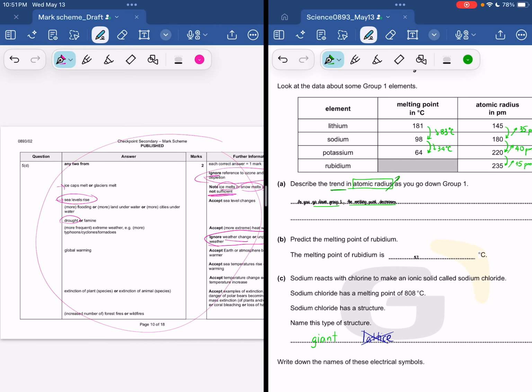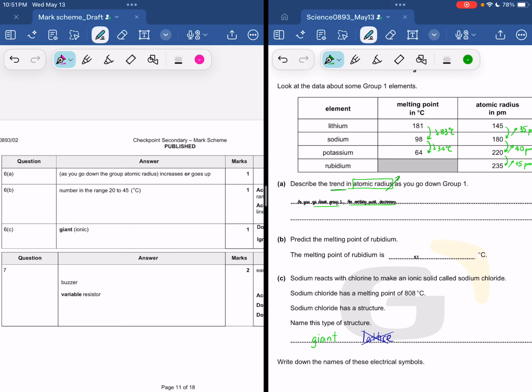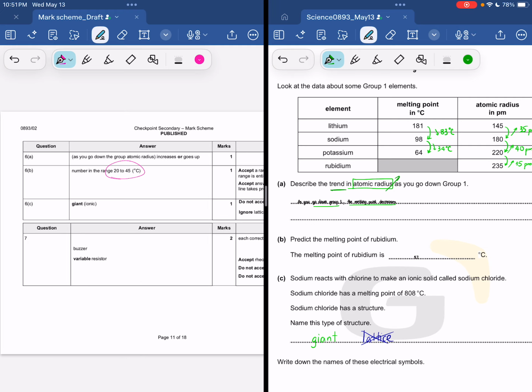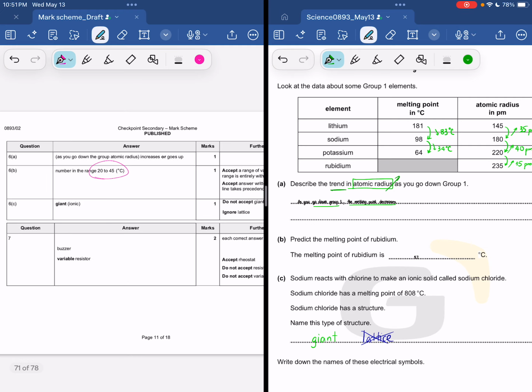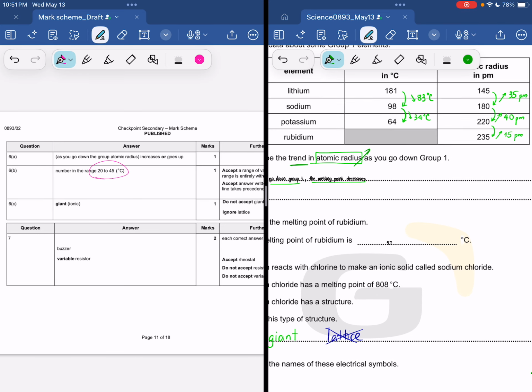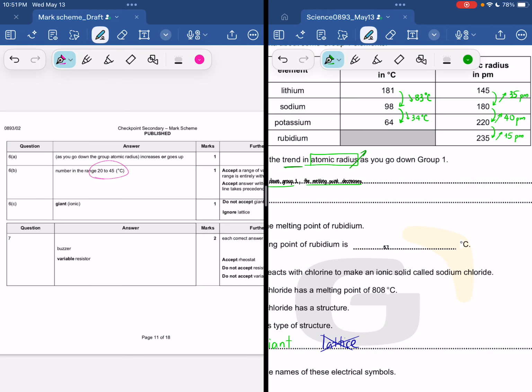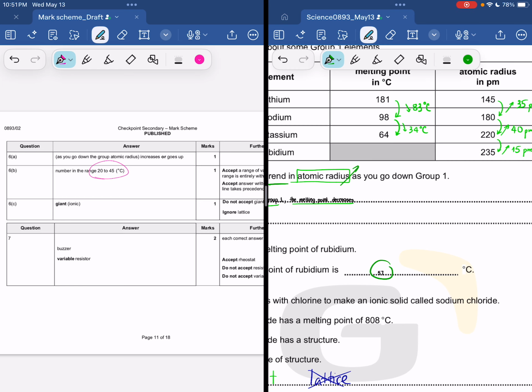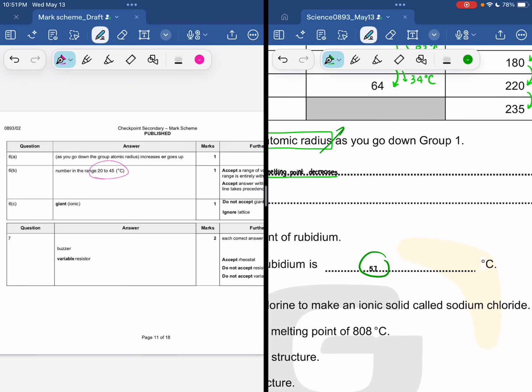And here, predict the melting point of rubidium. From the mark scheme, it said that you should have the range from 20 to 45 degrees Celsius. I mean, to be honest, I think that you have a good guess already. Why? Because you can tell that it should decrease.